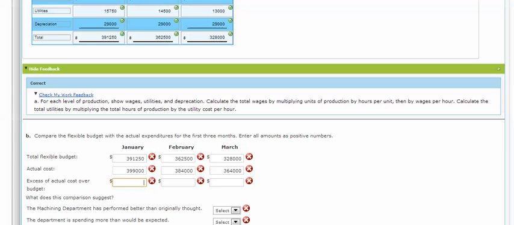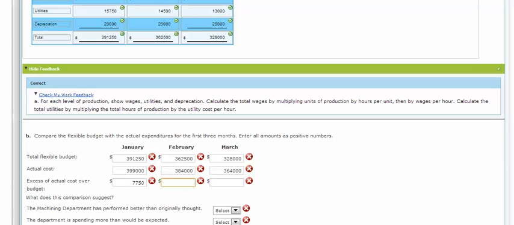So my actual cost exceed my flexible budget, so I would have the difference then of $399 minus the $391,250. That looks like I have an excess of $7,750.